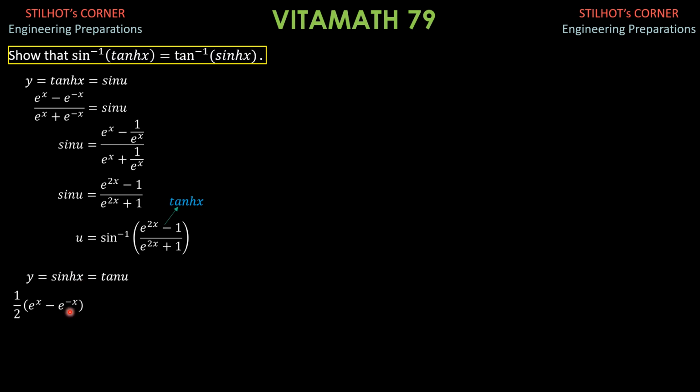So that's the definition of sine hyperbolic x. So therefore, if we simplify this, we have 1/2 quantity e to the x minus 1 over e to the x equals tangent of u.